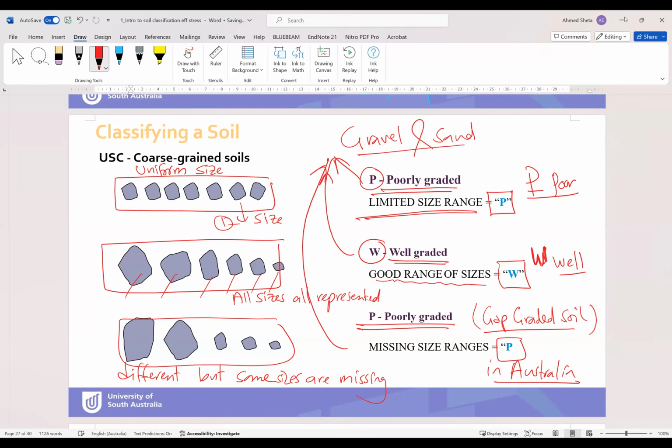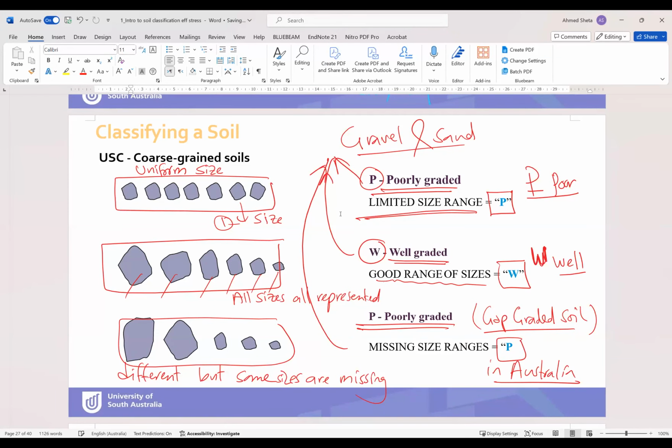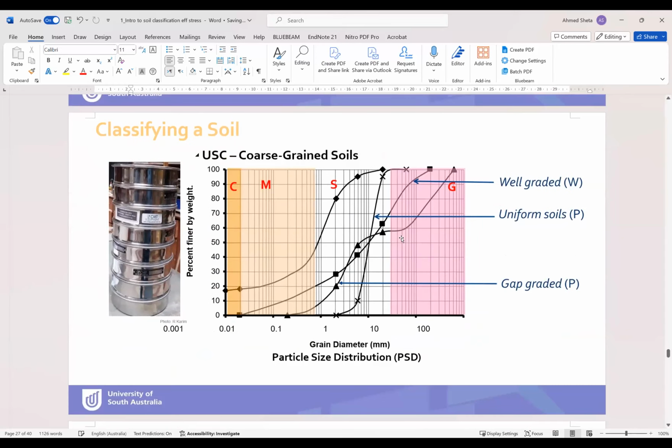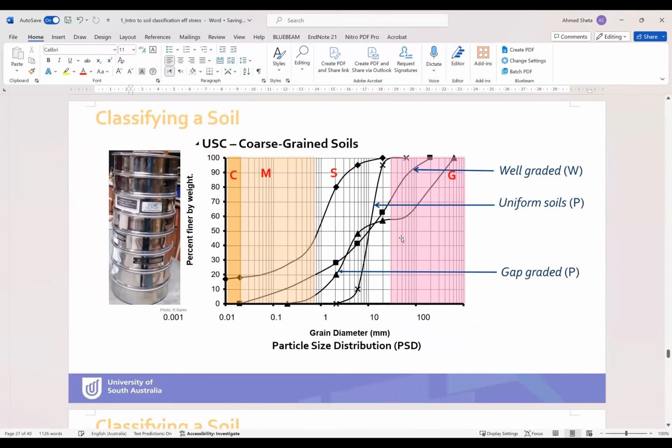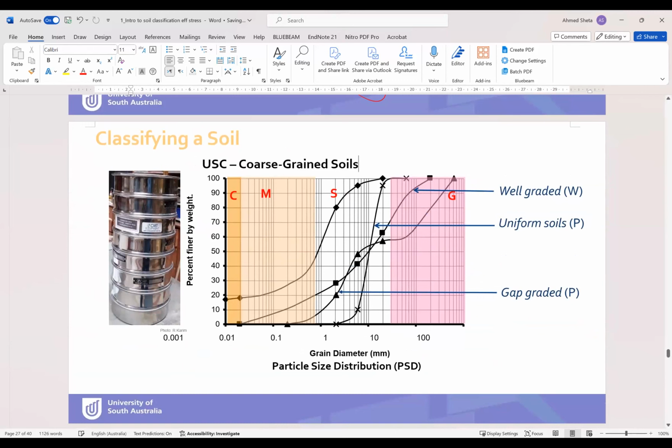The next slide is an example of lab tests. So in the lab, to find the soil particle sizes, the classic way to do that is the sieve analysis. Have you heard about sieve analysis before?